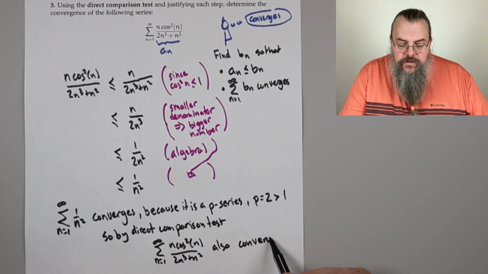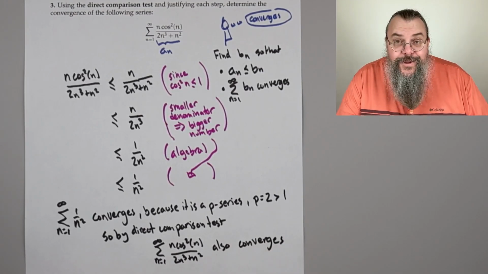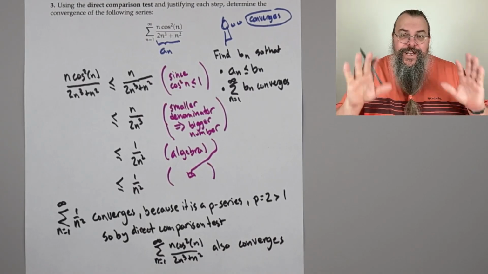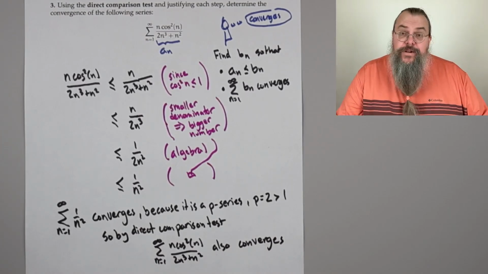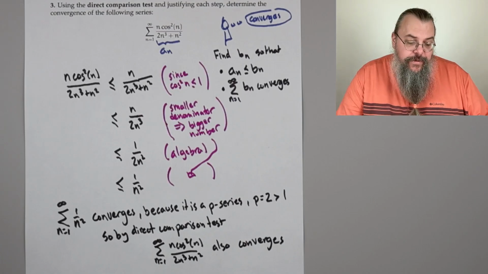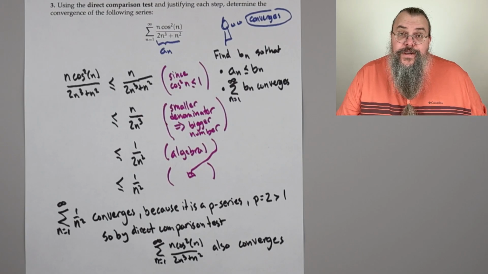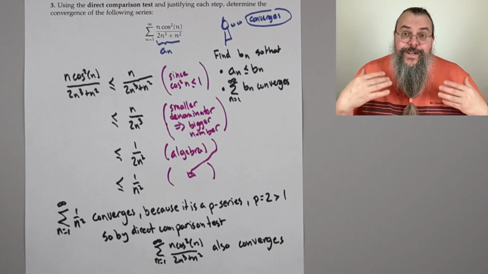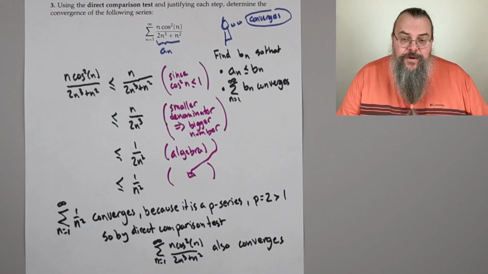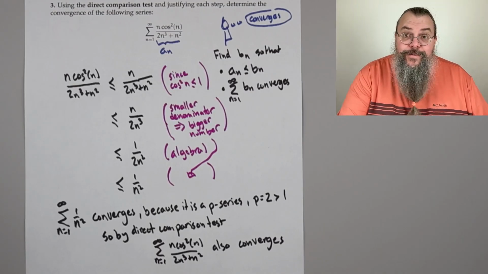What does it converge to? Hopeless. Forget it. You'll never find it. But it's a number, and you can always get a good approximation. And that's all right. We just needed to know yes or no. All right. There we go. Another problem down. We're moving right along.